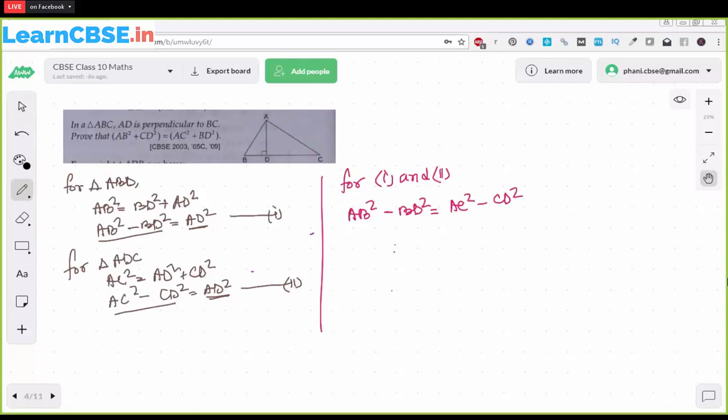So we just need to change their sides. So AB square plus CD square equals AC square plus BD square. This is how we can prove this question. Let's go for the next one.